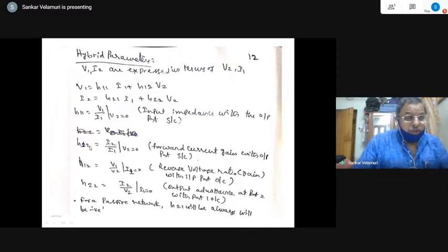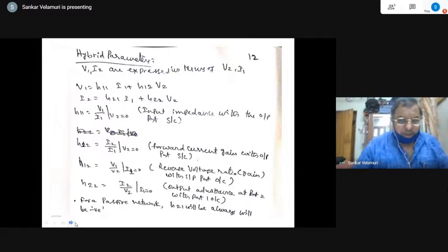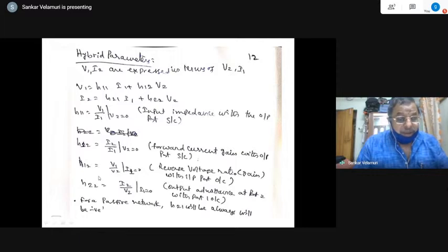Typically when H21 is a minus value and H12 is equal to minus of H21, then it is a reciprocal network. For a passive network, H21 will always be negative. These are certain properties of the corresponding two-port networks with respect to the various types of parameters. You have to understand the properties, the way in which the calculations have been made based on the convention. Only current into the port is taken as positive.